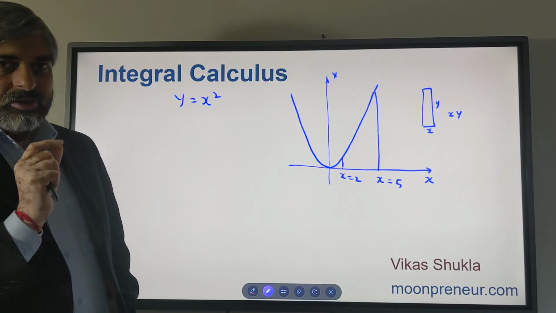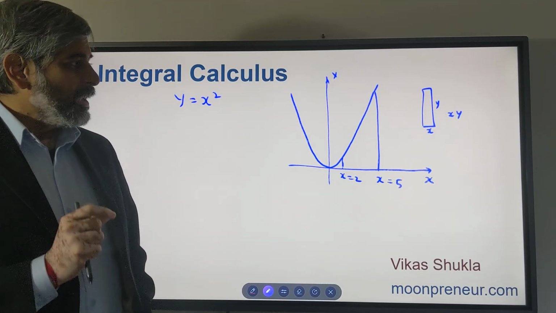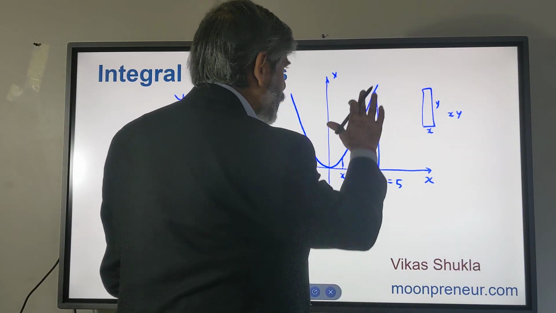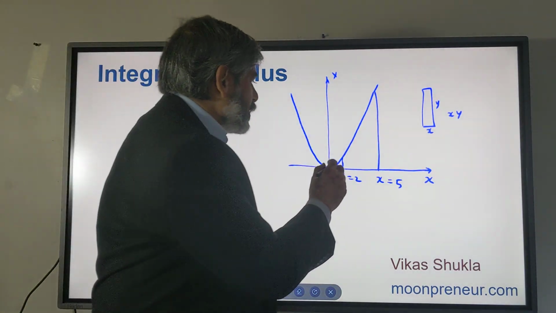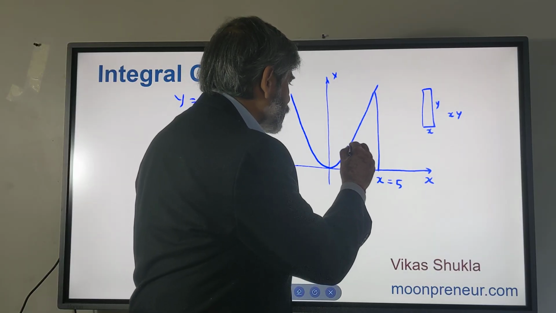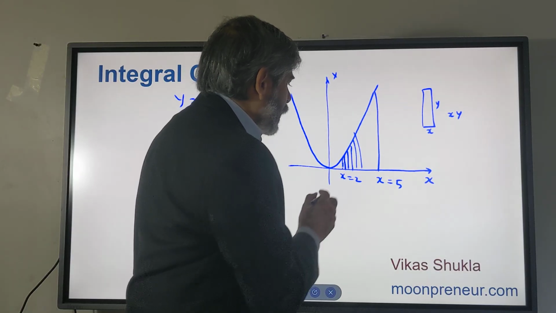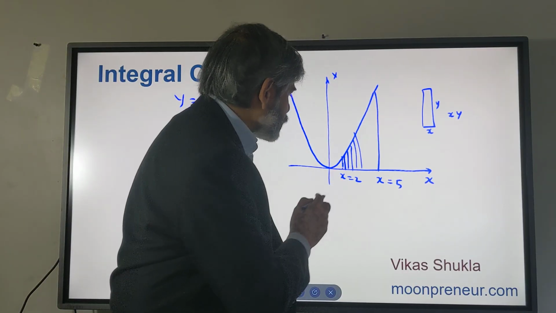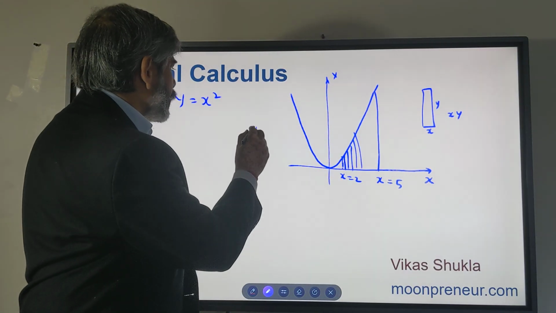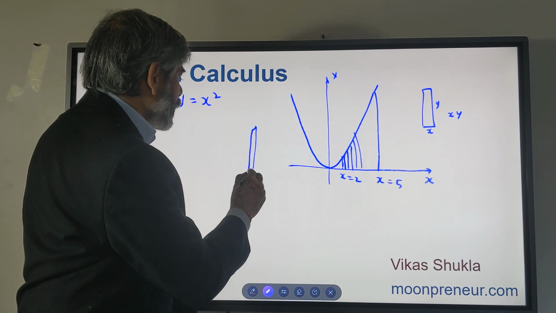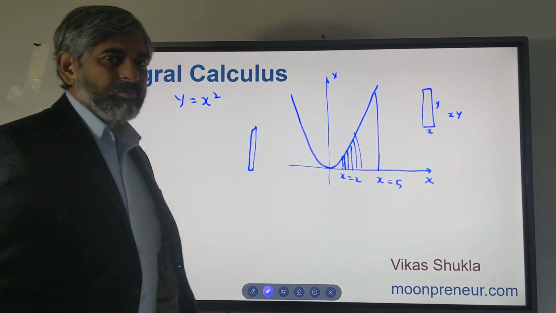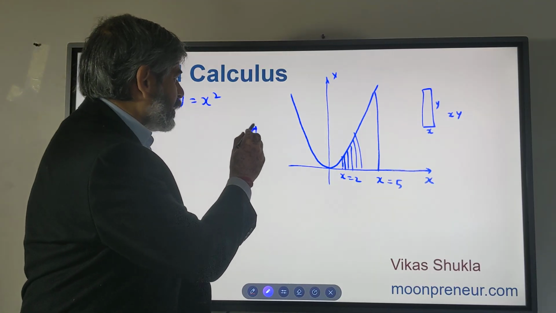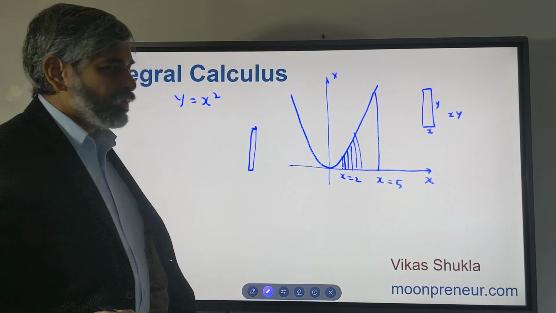So one way to approximate is by splitting this shape into many small vertical strips like this, and calculating the y value of each strip. If we keep each strip infinitesimally small, then the height we can find by the equation y equal to x squared.